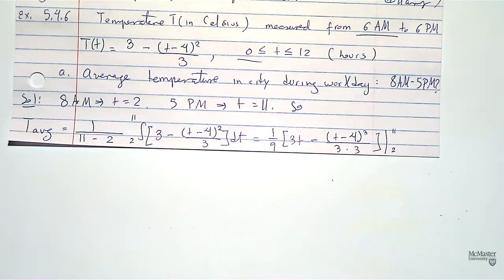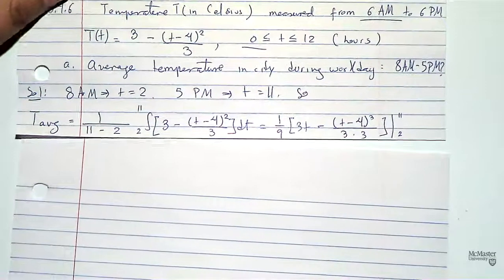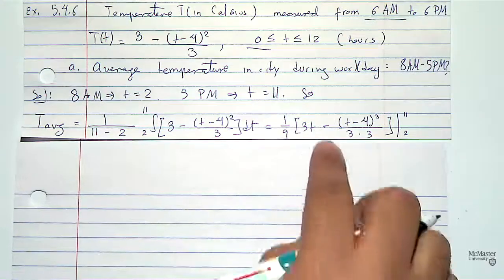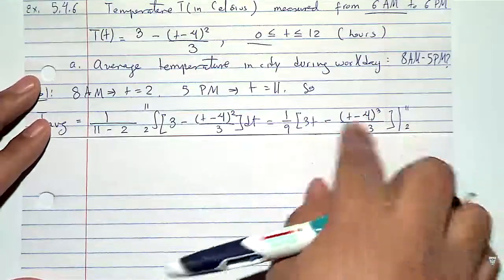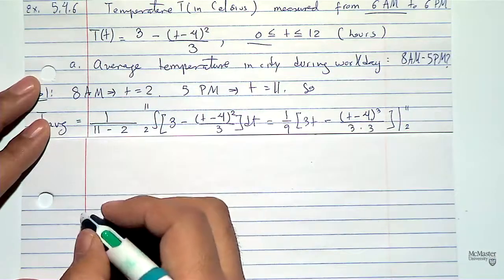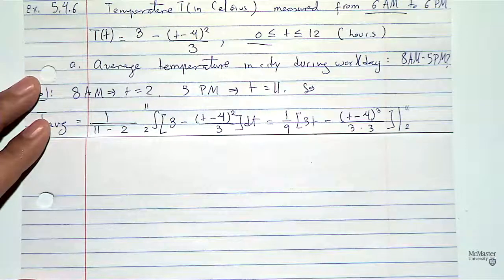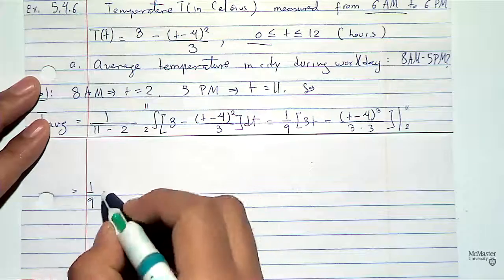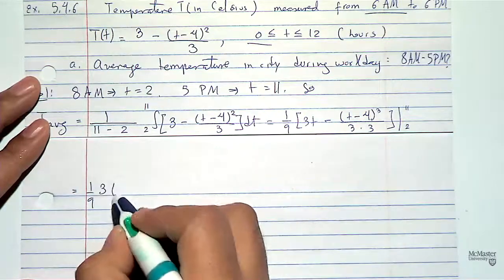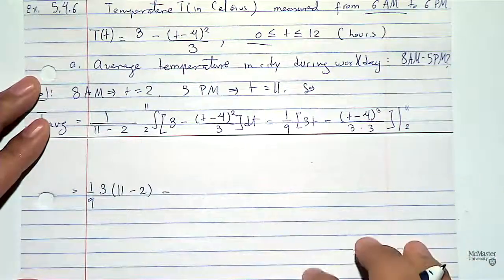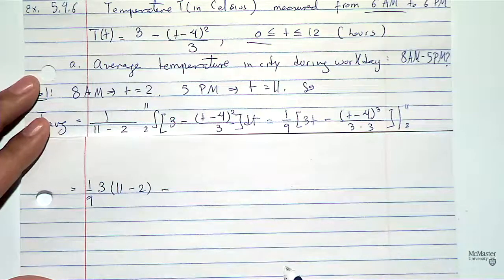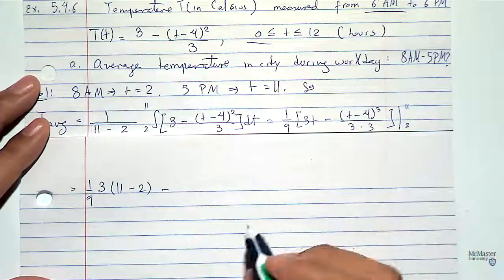You just have to finish the computation. This one is basically easy to perform because we have a linear function, so it will be the difference. In fact, it will balance. So you have 1 over 9, then 3 as a factor, and then the difference, which is 11 minus 2, but this is going to be equal to 9, so it's going to vanish. And then you have the two limits of integration for the second function.